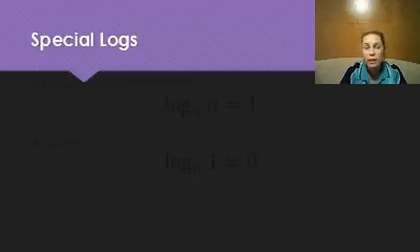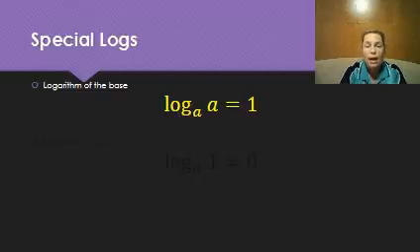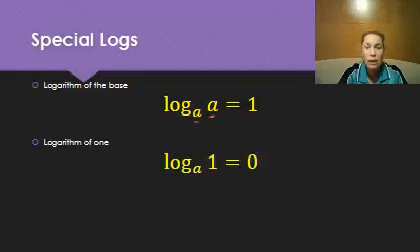We begin by looking at a couple of special logs, and the first is this. The log of any number to the same base, so these two must be the same, is 1. And that makes sense because a to the power of 1 is a. Anything to the power of 1 is itself. The second special log is the log of 1.